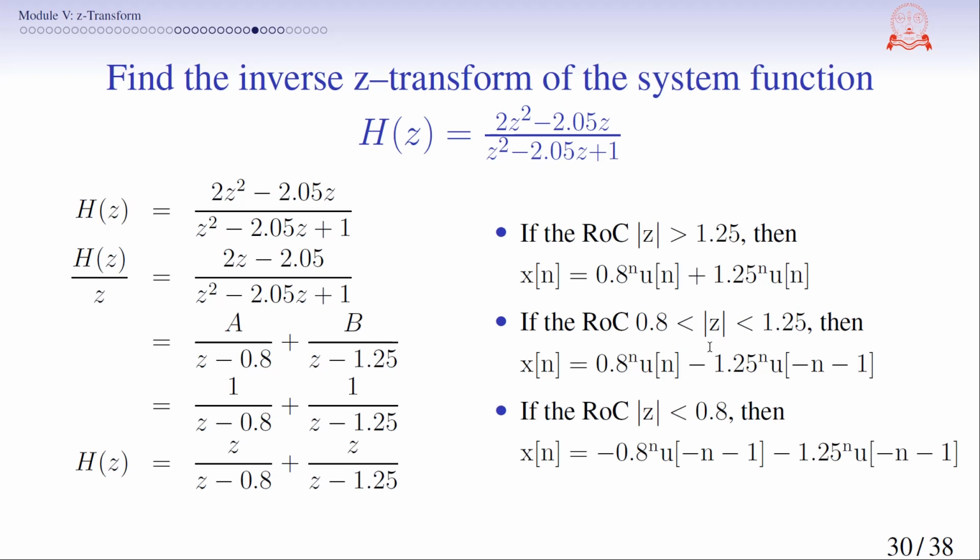And if the ROC mod z is less than 0.8, then x of n is minus 0.8 the whole raised to n u of minus n minus 1, and next is minus 1.25 the whole raised to n u of minus n minus 1. So this is the inverse z transform of the system function 2z square minus 2.05z divided by z square minus 2.05z plus 1.